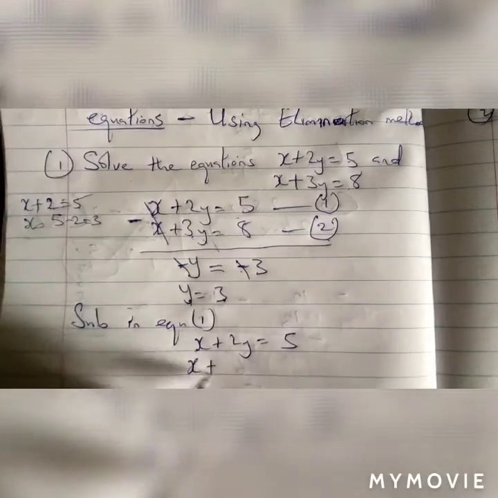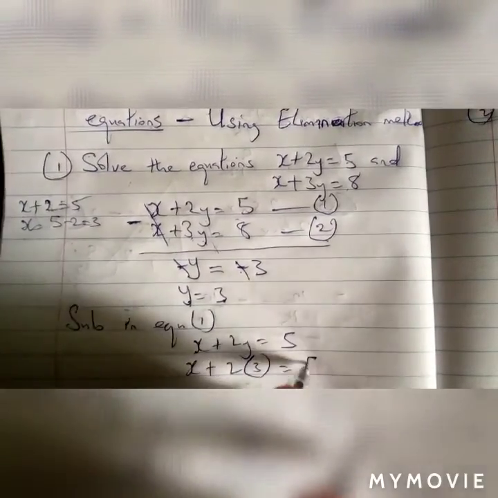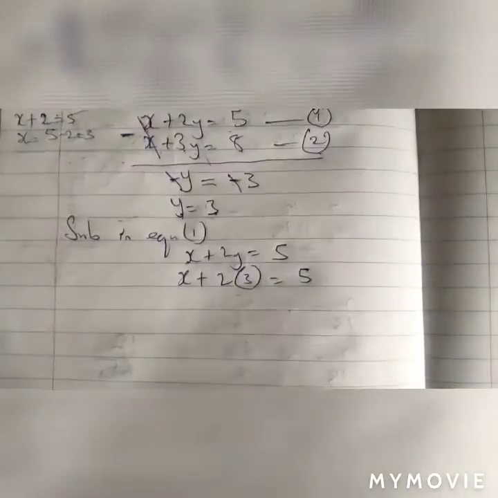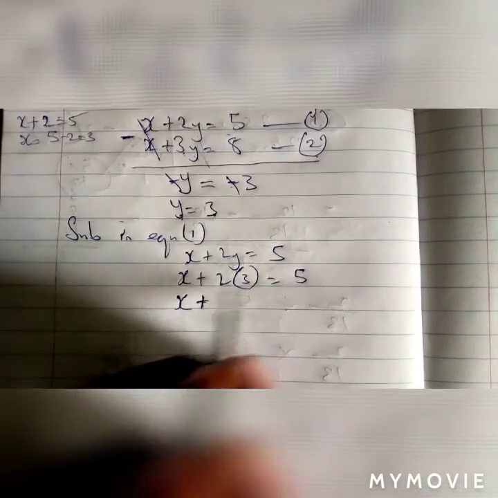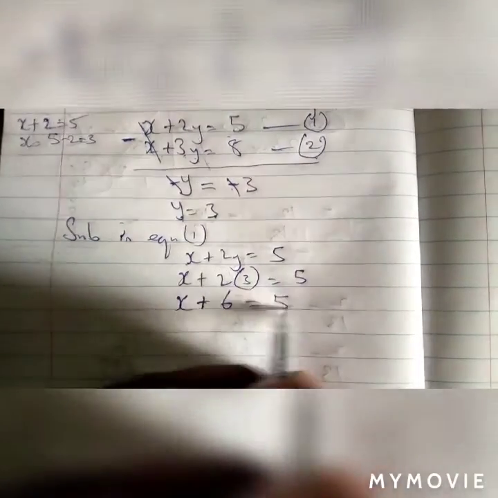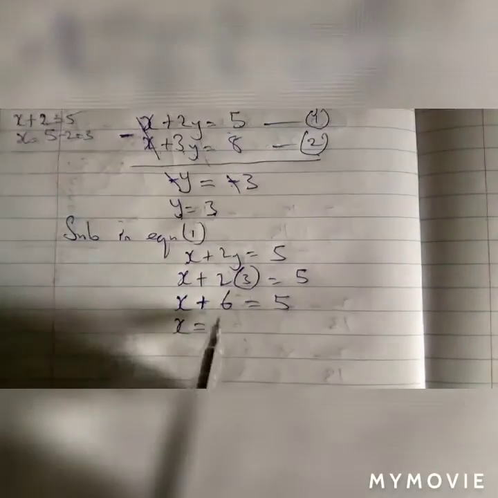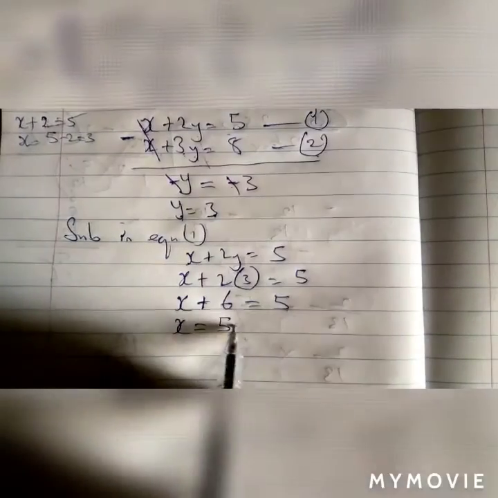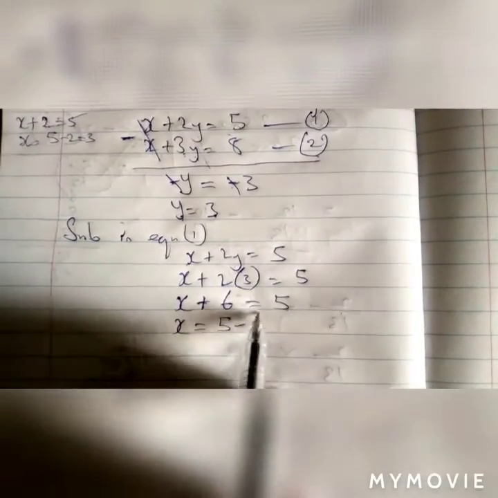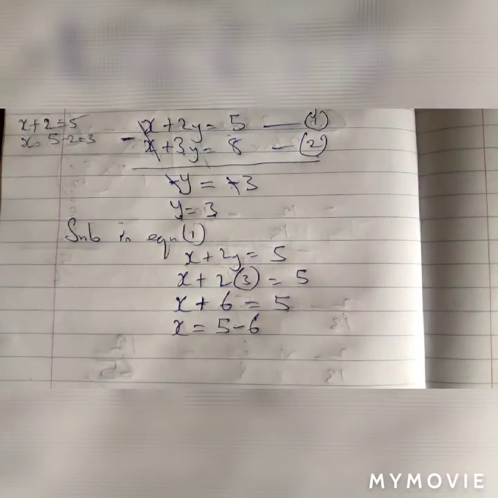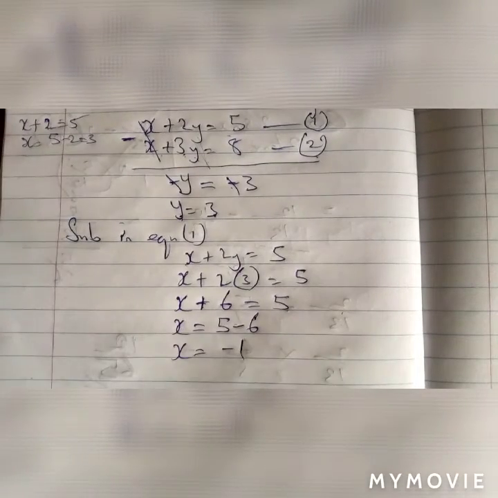So we have x plus 2 times 3 equals 5. So we have x plus 6 equals 5. Now we make x the subject of the formula. We have 5 minus 6, because this plus crosses the equality sign and changes to negative 6. So we have x equals minus 1.